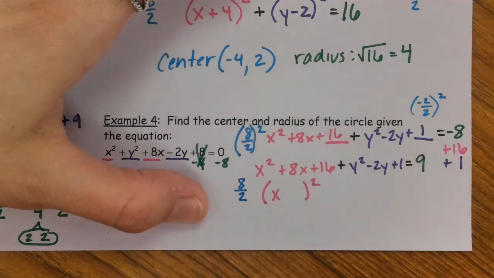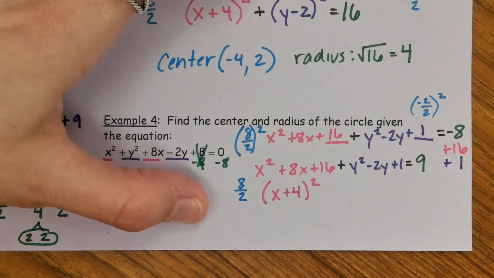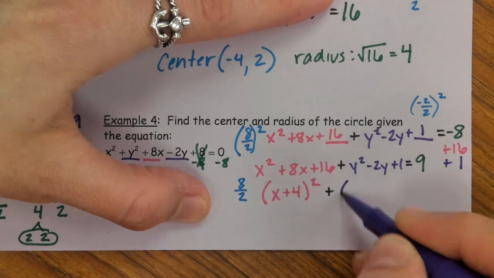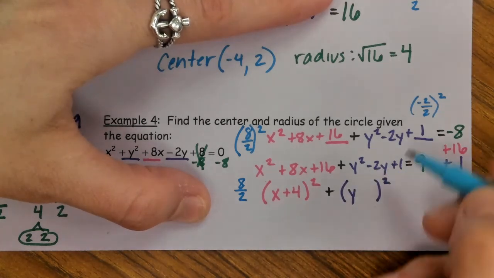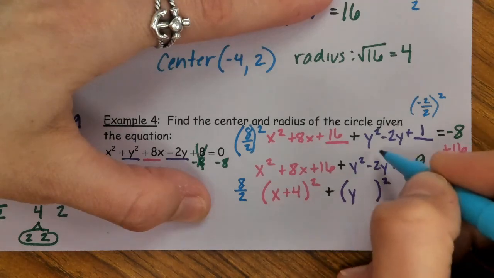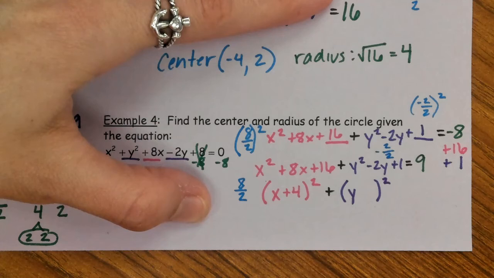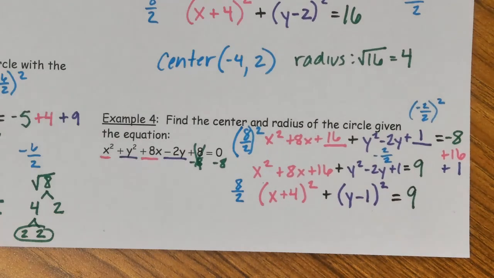B over 2 gives us 4, so we'll have a plus 4. For our y, we have that negative, let's see where I want to write it, with a negative 2 over 2. We wind up with a minus 1, equal to our radius squared of 9. And there's our equation.